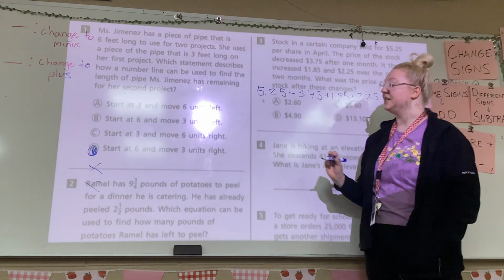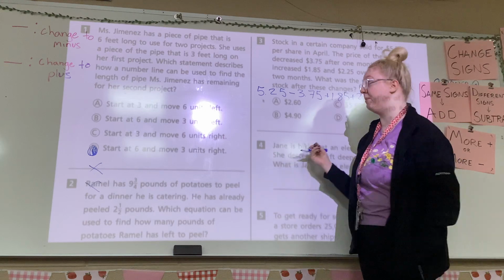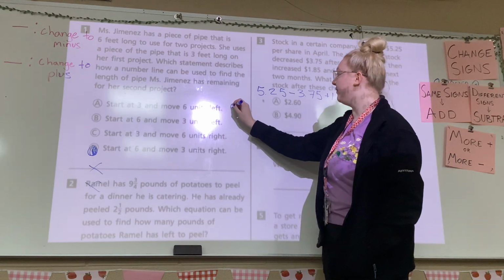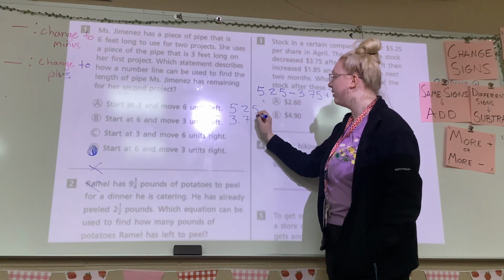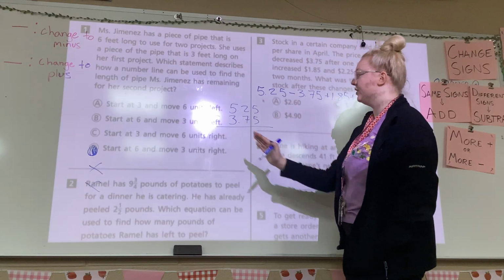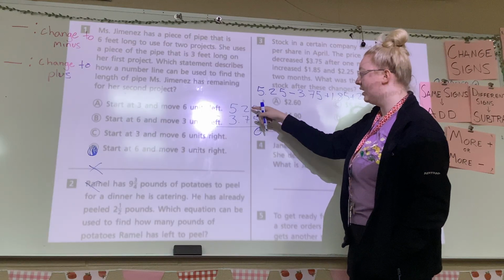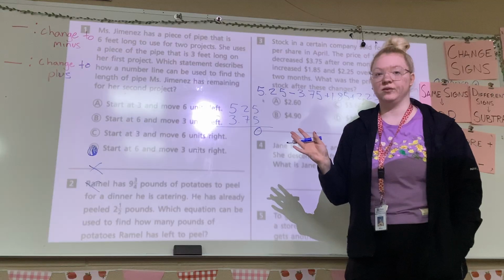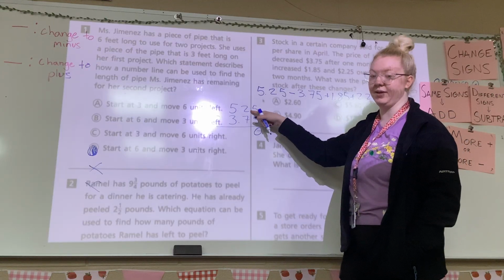Now we just have to solve this. On our test, we do not have calculators, so we're going to have to do it by hand. Start with $5.25 minus $3.75. You start all the way to the right side. 5 minus 5 is 0. 2 minus 7 we can't do. For a subtraction problem, you have to start with the biggest number. Well, this isn't starting with the biggest number.